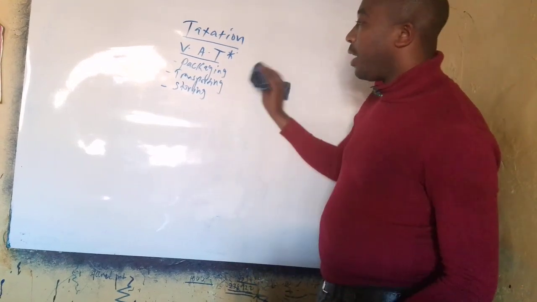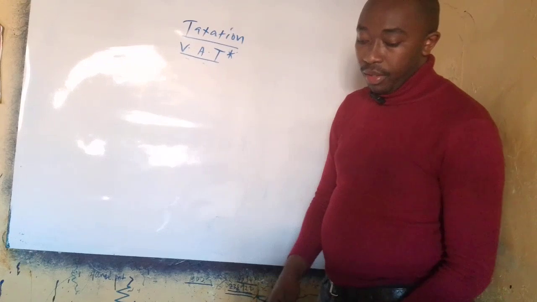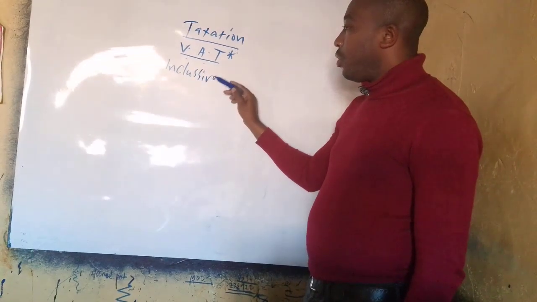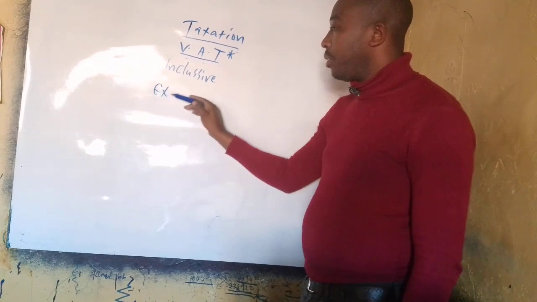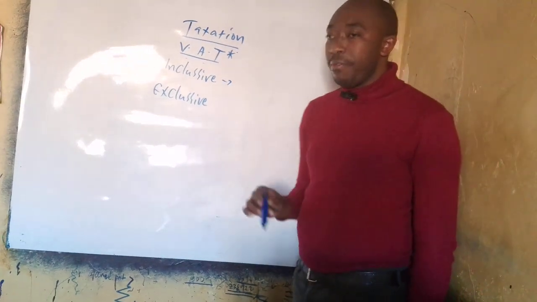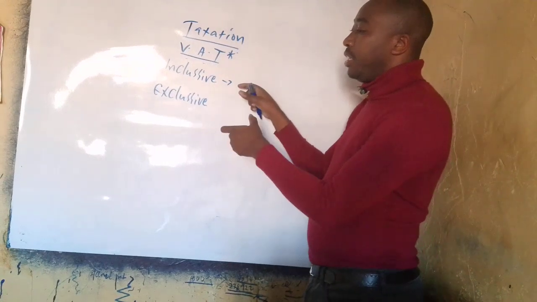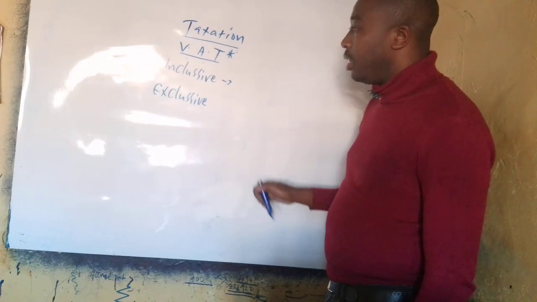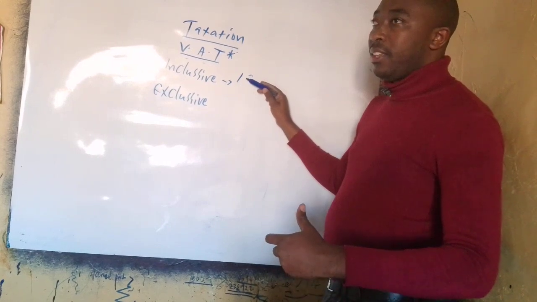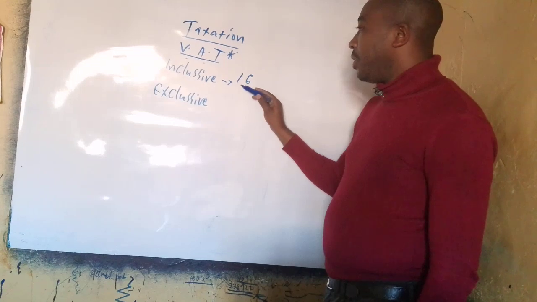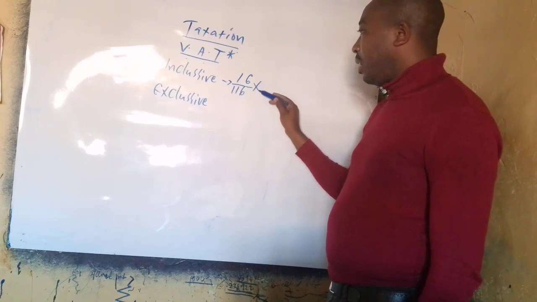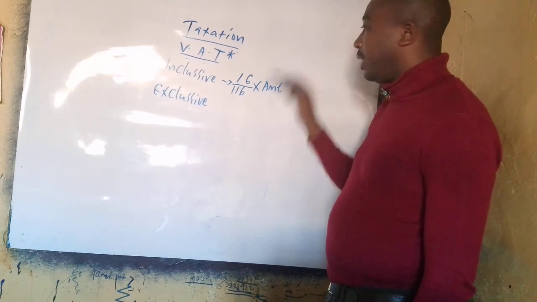And when we are accounting for VAT, there are two terms I would like us to put in mind. One is inclusive, the other one is exclusive. For the inclusive, it is when the VAT has been included in that commodity, and therefore, when we are computing VAT, let's say the standard rate is 16%, so we are going to use 16 over 116 times the amount of that good.